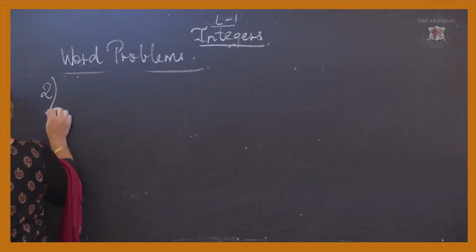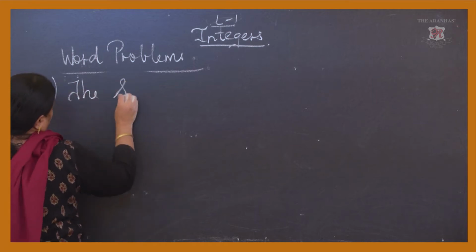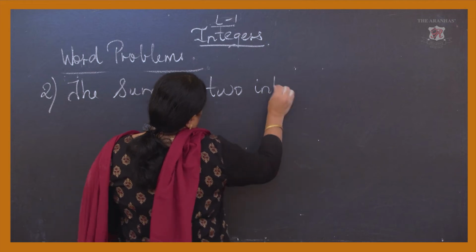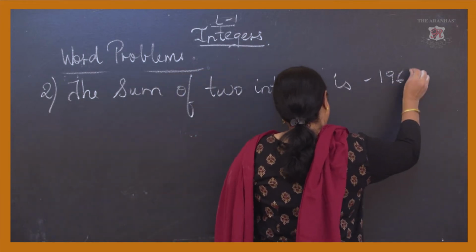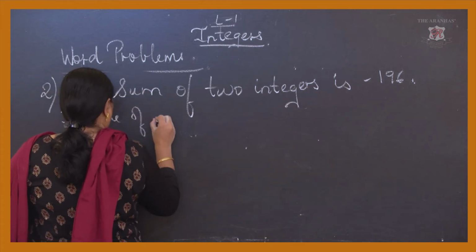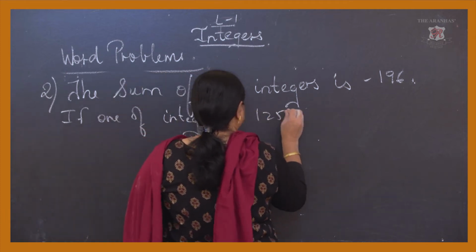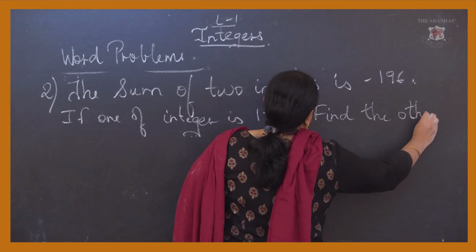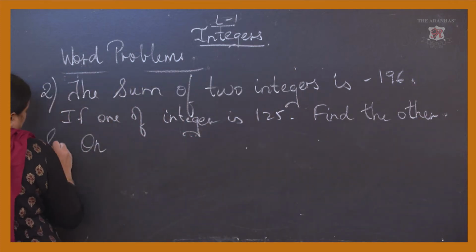The second one, we will take the sum of two integers is minus 196. If one of the integers is minus 125, you have to find the other. Okay, so now here your solution will be what?